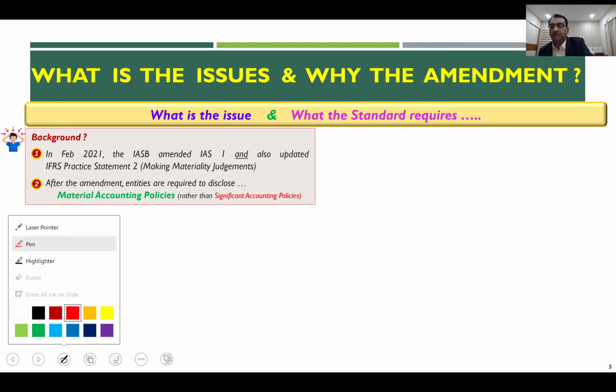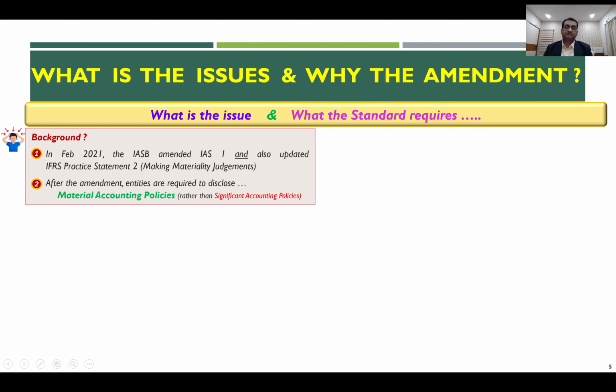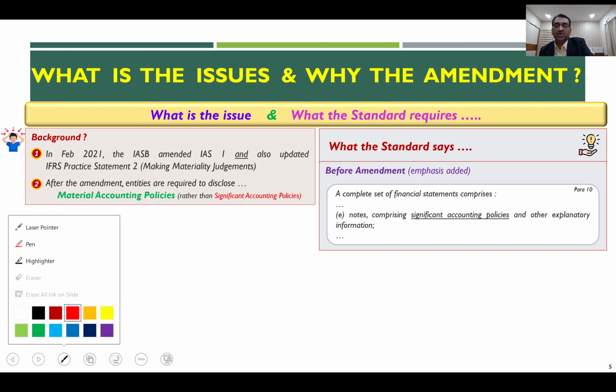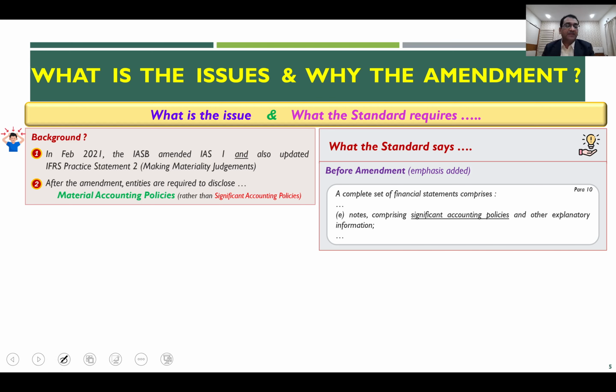Now, let us see what the position of the standard is before and after the amendment. On the right hand side of the slide, you will see paragraph 10 of pre-amended IAS 1. The parallel standard for IAS 1 in India is Ind AS 1, which also deals with presentation of financial statements.